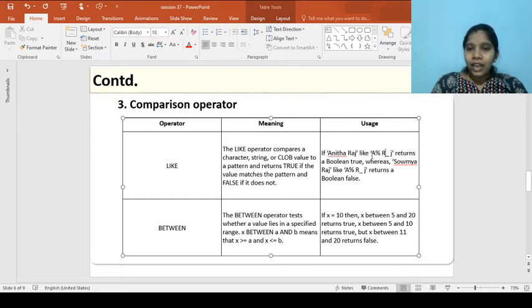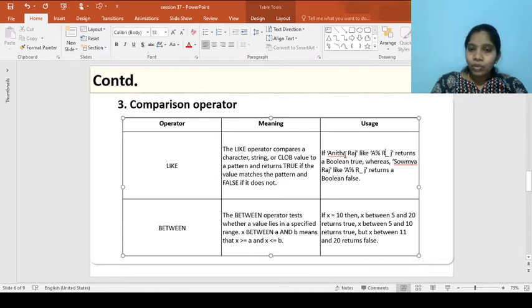Here we can understand the pattern like this. The value should start with the letter A followed by any number of characters, then R. After R, it should contain exactly one letter followed by J. So this is the pattern. Against this pattern, the value is going to be compared.